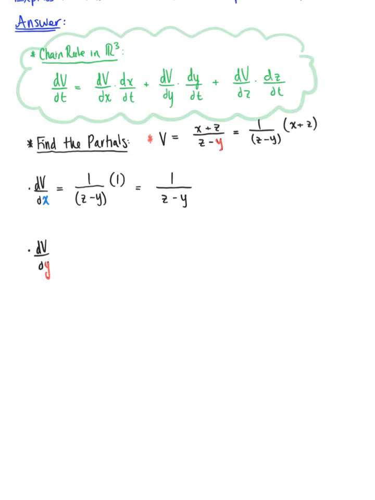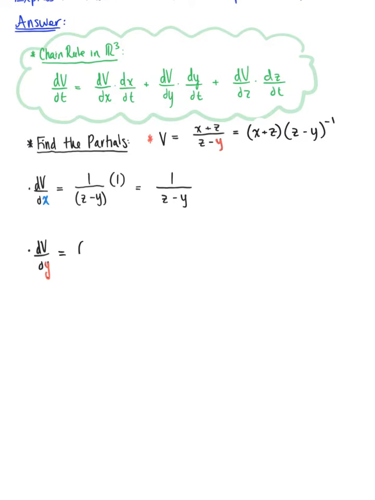So in order to differentiate this, let's rewrite this function by bringing the binomial of the denominator up to the numerator. We can rewrite this as our scalar multiple, (x + z), multiplied by (z − y) to the negative 1.